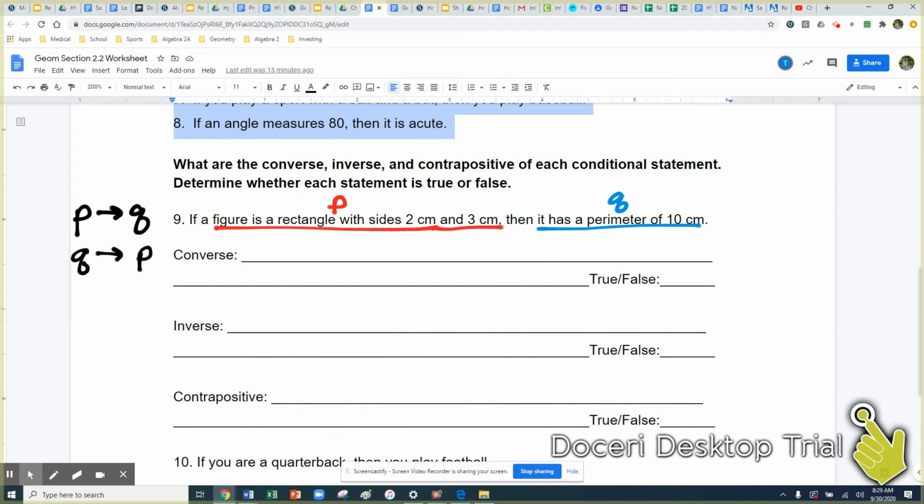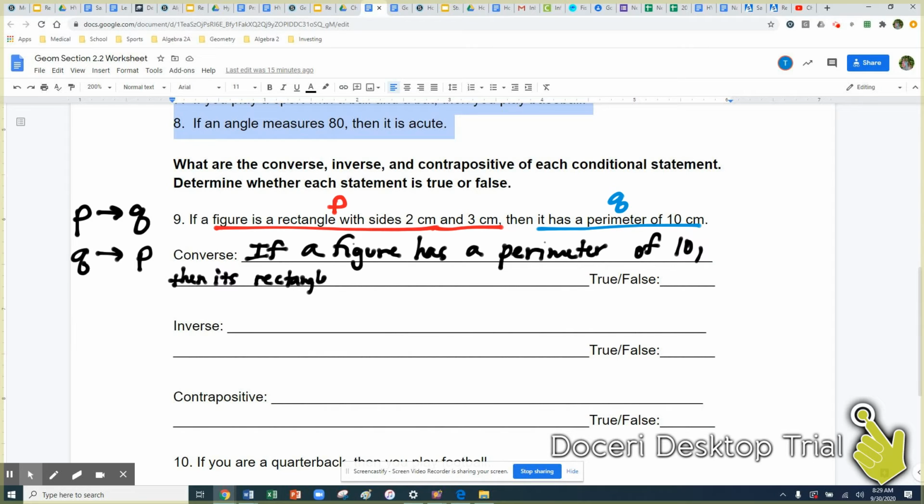So the converse flips. So if, in this case, if a figure has a perimeter of 10, then it's a rectangle with sides 2 and 3.